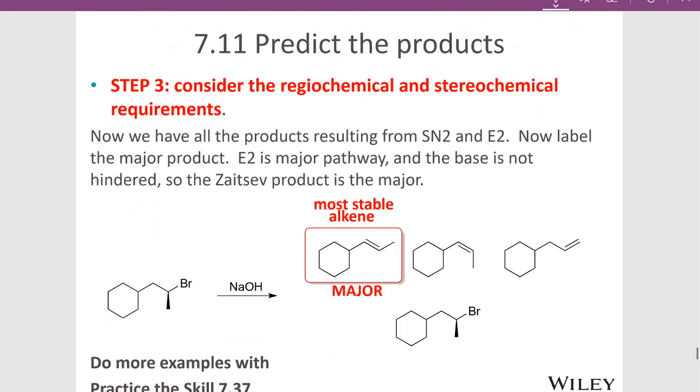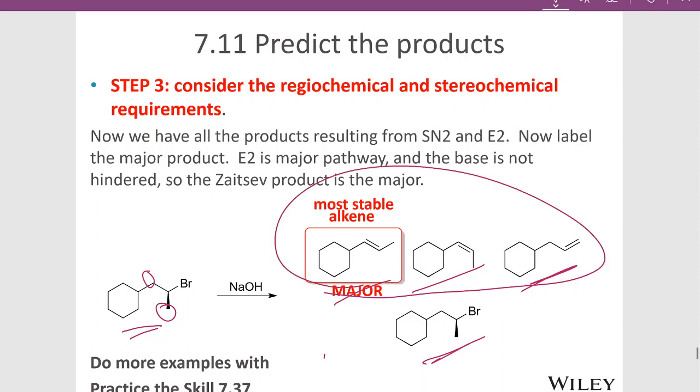So this starting material can give us substitution and elimination at this beta carbon and elimination at this beta carbon, resulting in two possibilities. But remember, with a secondary substrate, strong base, strong nucleophile, E2 will be major. So one of these elimination products is going to be major, right?